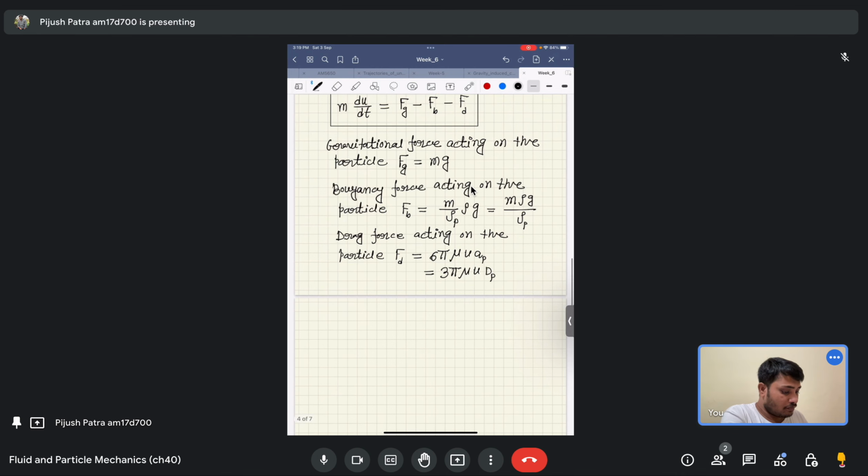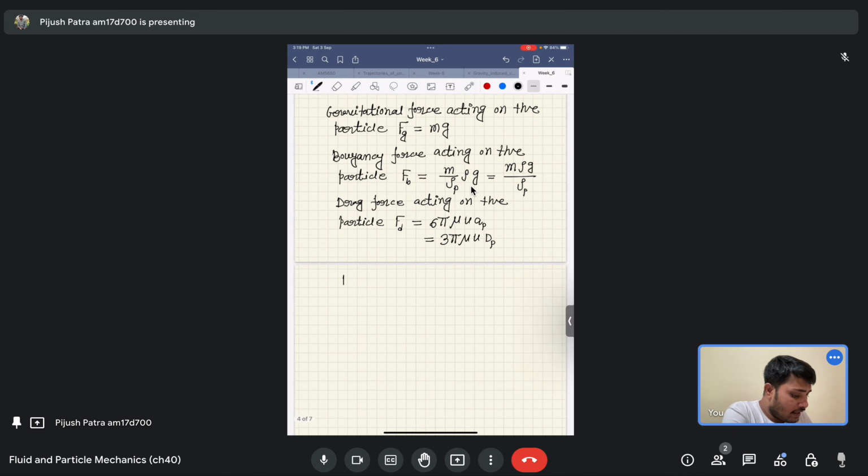So this Fd is called the Stokes drag. When the particle moves through a quiescent fluid, it experiences some resistance because of its motion, which is called the drag force.